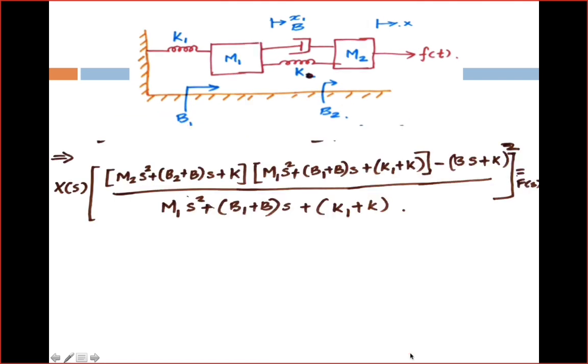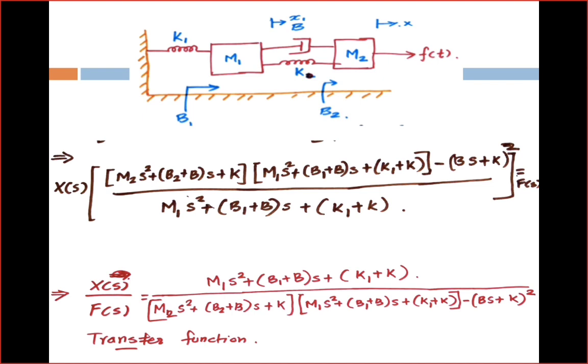By doing this, you will get x of s by f of s is equal to m1 s square plus b1 plus bs plus k1 plus k divided by m2 s square plus b2 plus bs plus k into m1 s square plus b1 plus bs plus k1 plus k minus bs plus k the whole square.